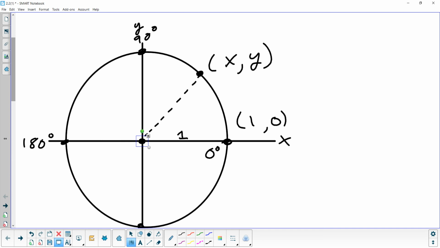Now let's find the coordinate for 90. Can someone tell me the coordinate for 90 degrees? Don? 190. You're saying go right 1 and then up 90 units? Oh, you mean like normal, not unit circle. Okay. We want the coordinate for 90 degrees on the unit circle.